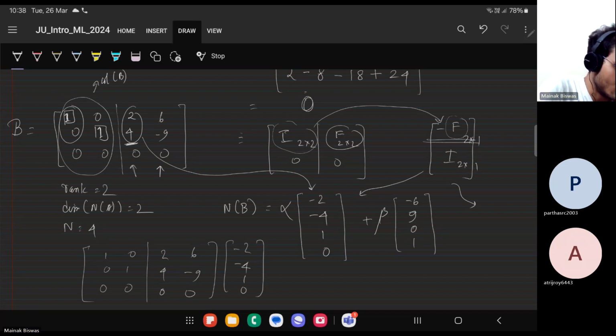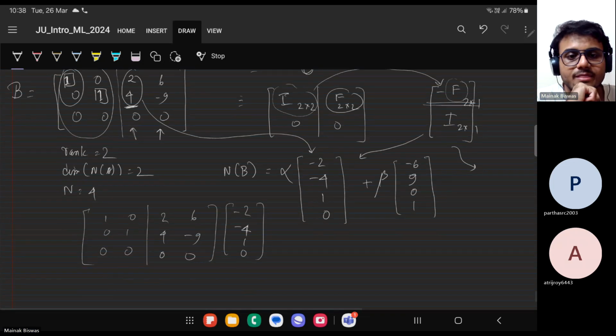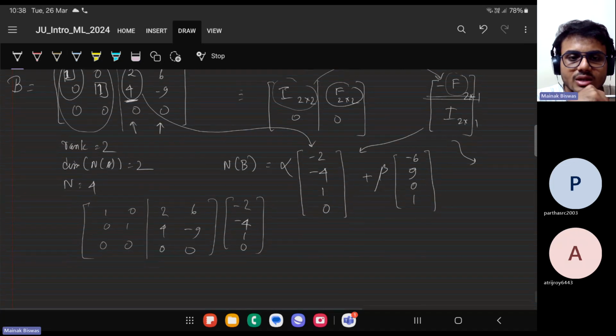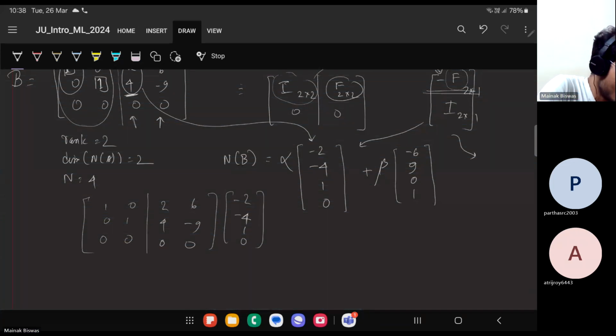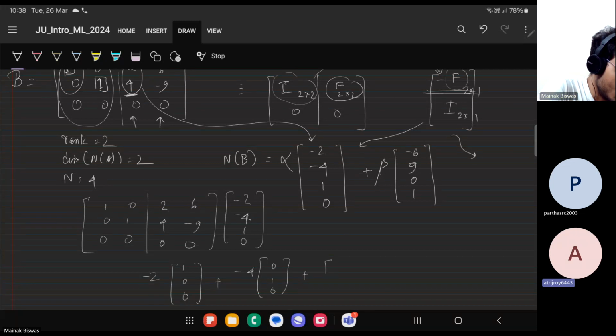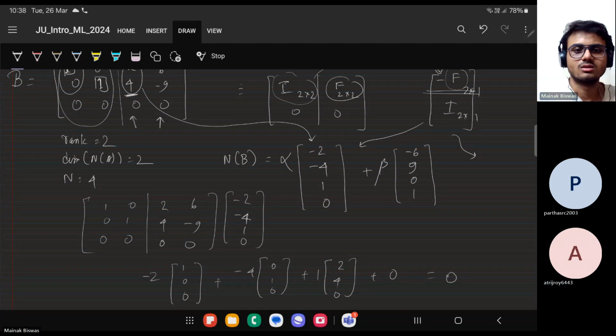What will this multiplication be? -2 into (1, 0) plus -4 into (0, 1) plus 1 into (2, 4) plus 0. Is this 0 or not?